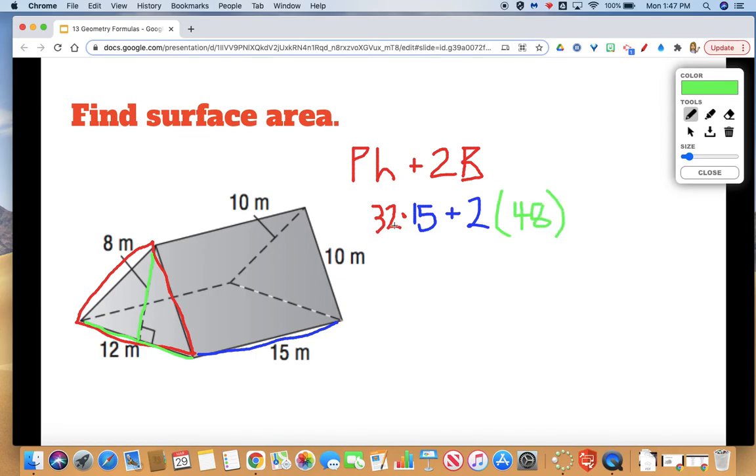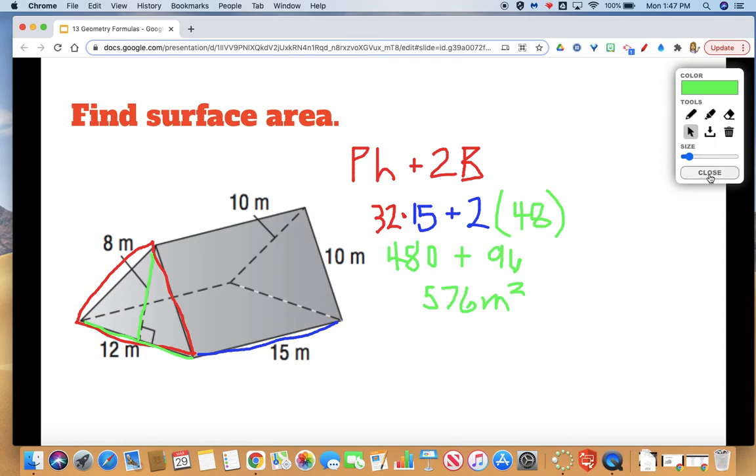Now I can solve. 32 times 15, I'm just going to break this up a little bit because I'm on a phone calculator. And then 2 times 48 is 96. I'm going to add those together. This will give me my surface area, 576 meters squared. And that's using the formula method.